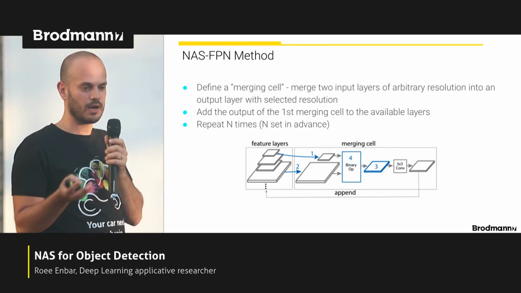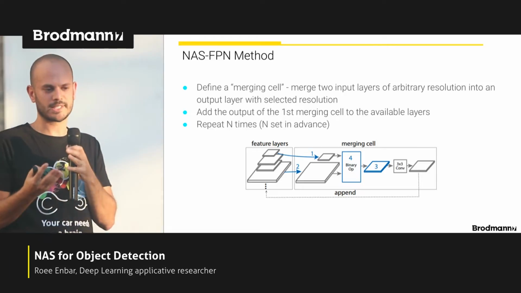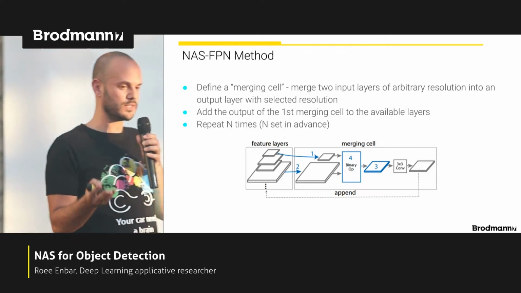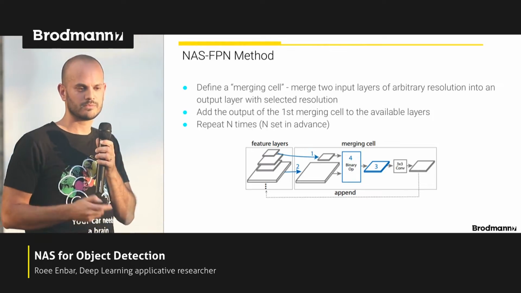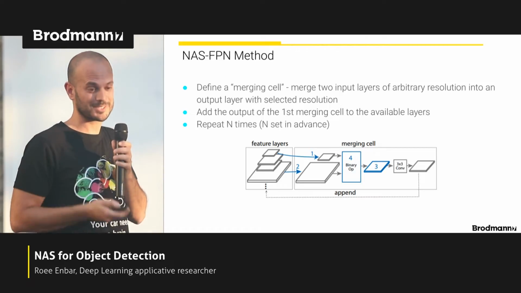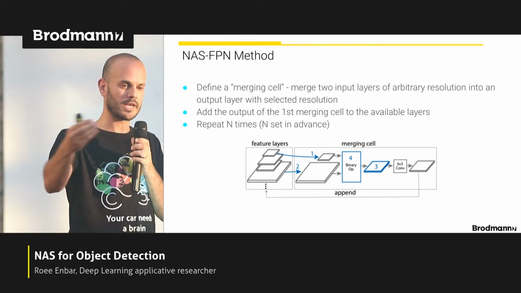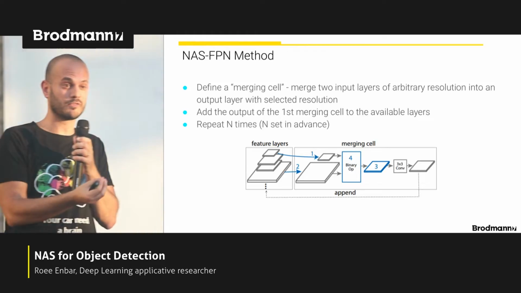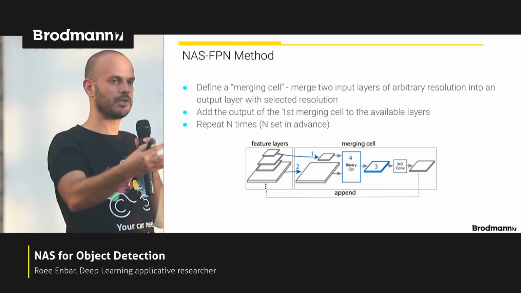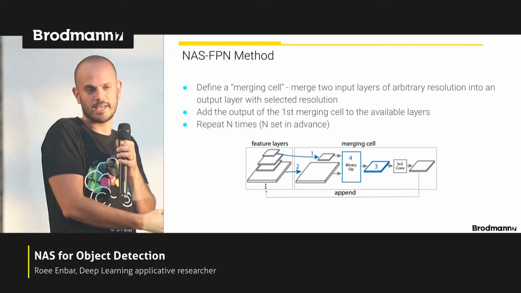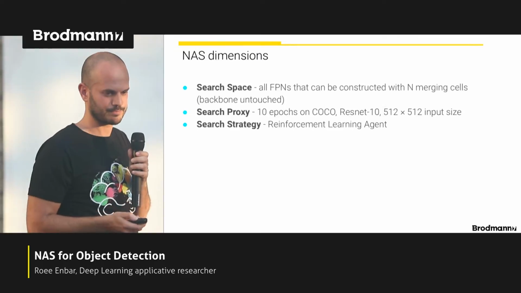They choose one of many operations to perform on these layers, and then they combine them using either sum or pooling, or whatever you guys want. After we define this merging cell, we can put the output of the cell into our pool of available layers, and then the next merging cell can choose the output of this cell as its input, or it cannot, but this is the search space, right?